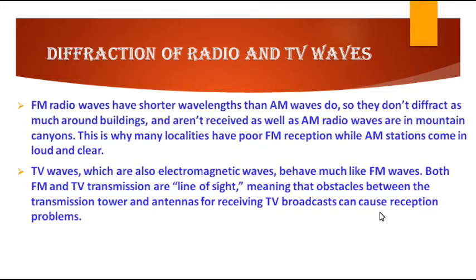This is why many localities have poor FM reception while AM stations come in loud and clear. TV waves, which are also electromagnetic waves, behave much like FM waves. Both FM and TV transmission are line of sight, meaning obstacles between the transmission towers and the antenna receiving the TV broadcast can cause reception problems.